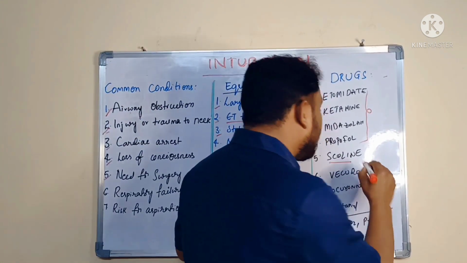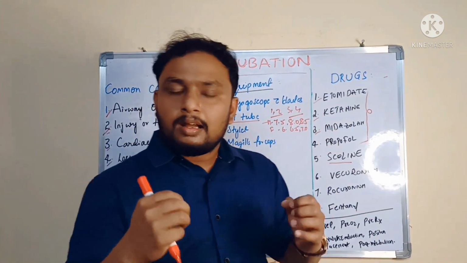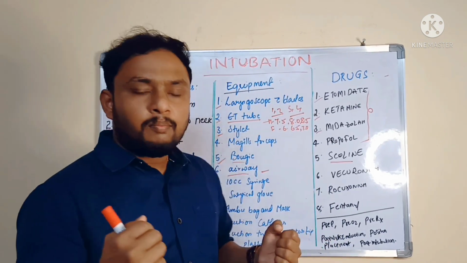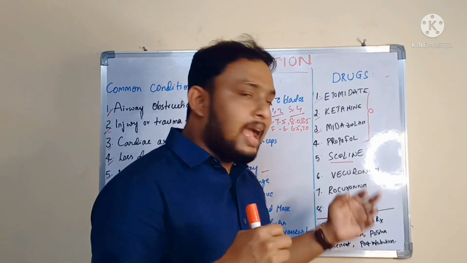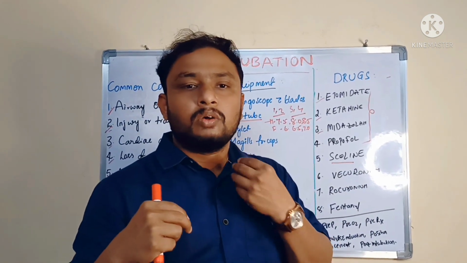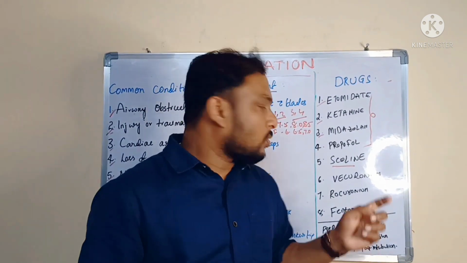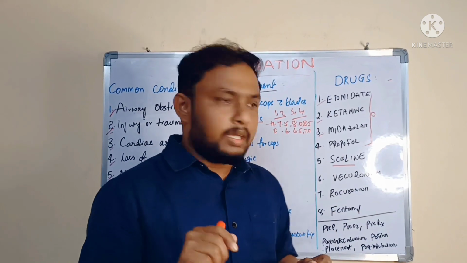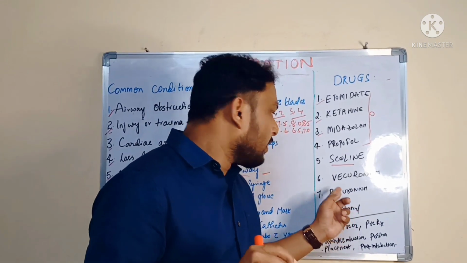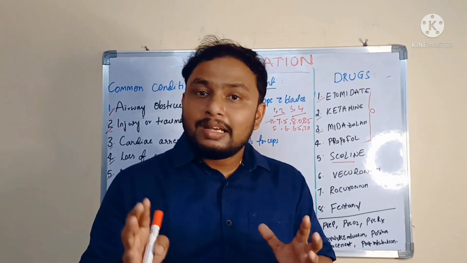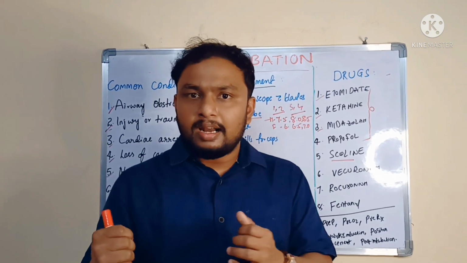And succinylcholine is used as a muscle relaxant. It will relax the respiratory muscles, which allows the tube to pass easily. Succinylcholine, you can say. And vecuronium is a paralytic agent, a relaxant and paralytic agent.